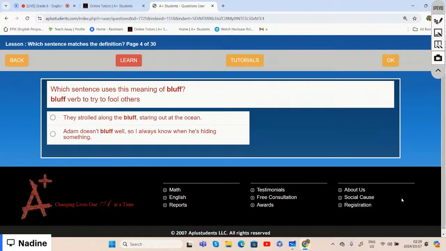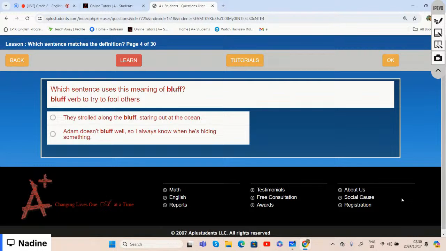It says bluff. What is the meaning of bluff? Bluff is a verb and it's to try to fool others. That is bluff. It's where you're trying to fool others. And the sentence is option one, they strolled along the bluff staring at the ocean.